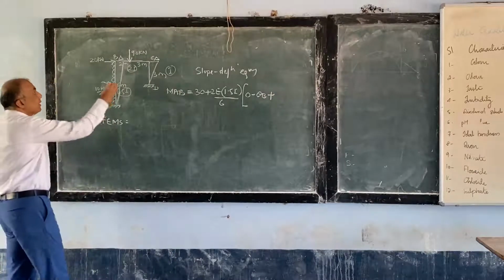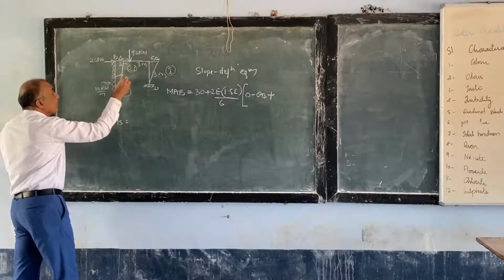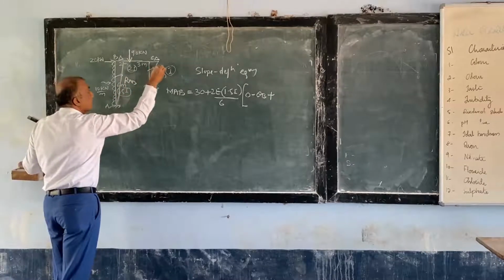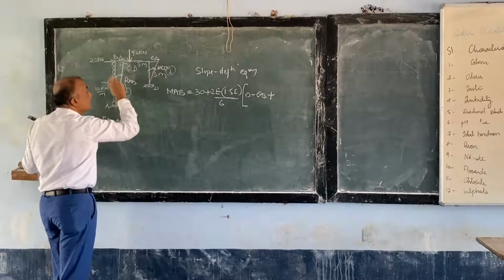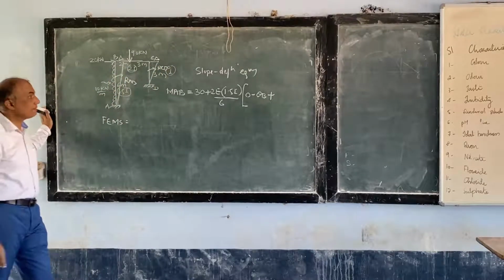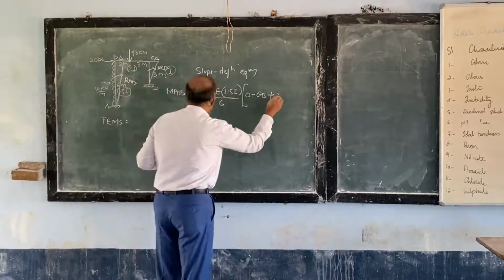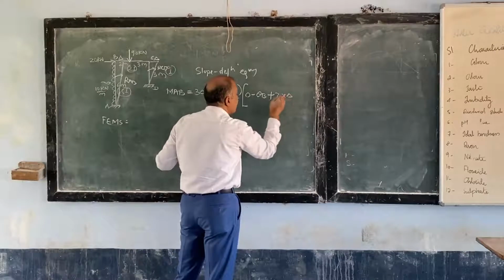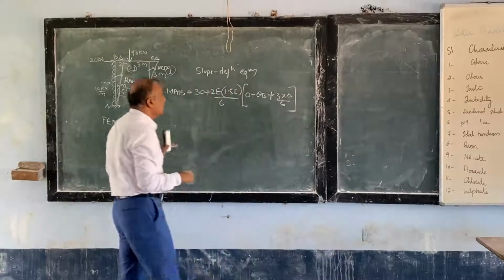Additional term. You can see this is R of AB, this is R of CD, because the members are going to rotate. These vertical members of the columns are going to rotate. So R of AB and R of CD, plus 3 R of AB. R of AB is delta upon 6. Correct.